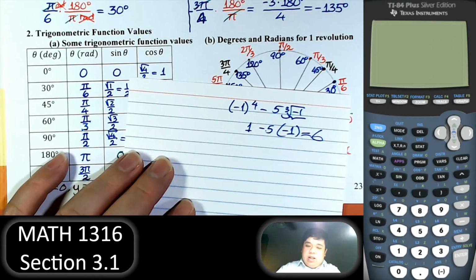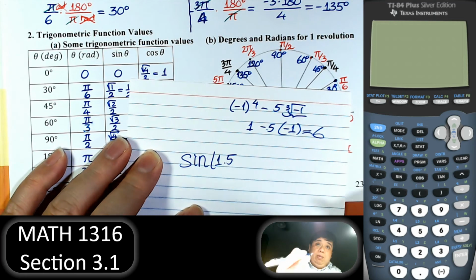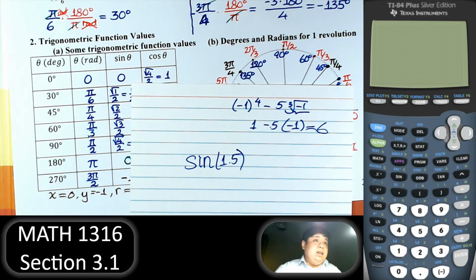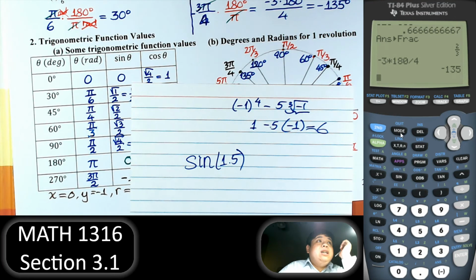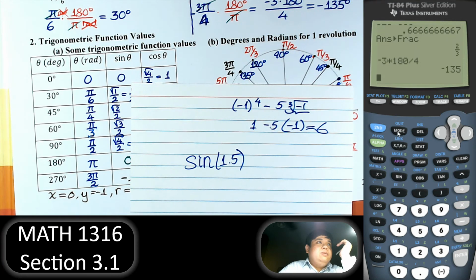What if the question is to find sine of 1.5 radians? By the way, if it is 1.5 radians, that's all we need. Don't need to write radian. In that case, just use the calculator. But if you do that, make sure that it is in the radian mode. Then you can calculate sine of 1.5 radians.